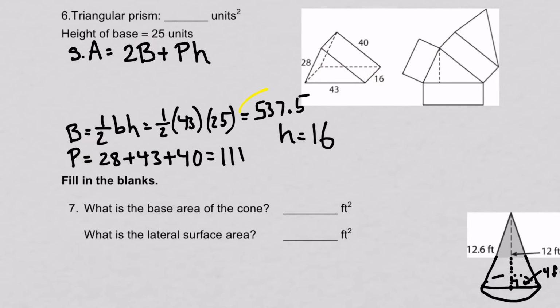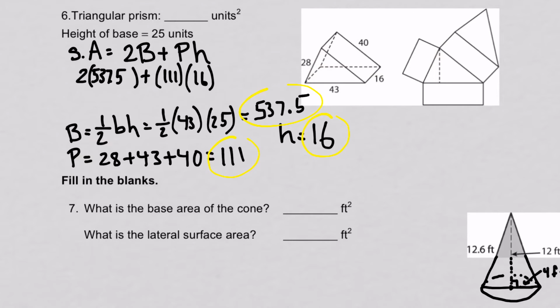Now I take all those three values and substitute them into the formula, and that will give me my final answer. The surface area is 2 times the area of the base, which is 537.5, plus the perimeter of the base, which is 111, times the height of the prism, which is 16.